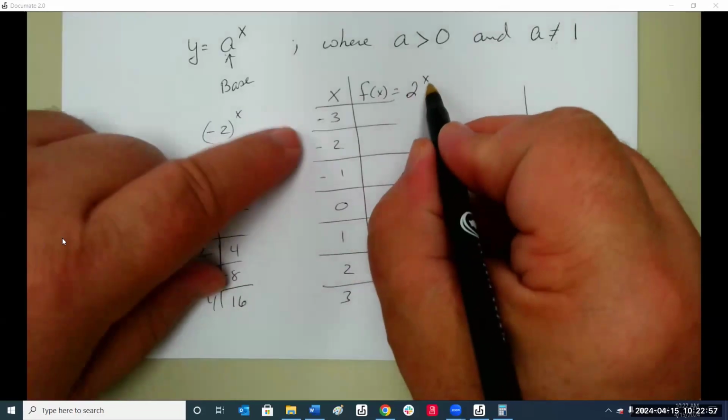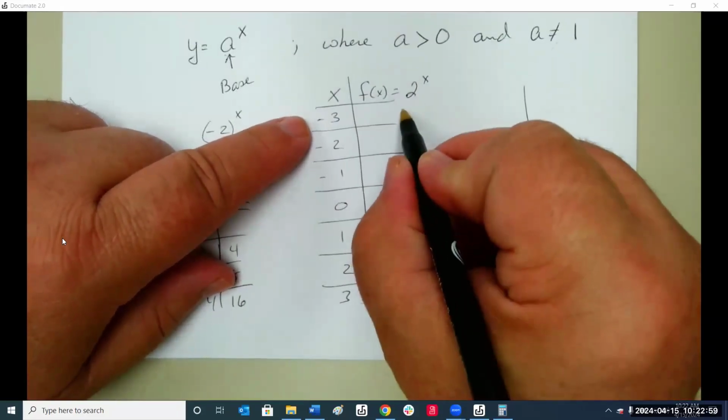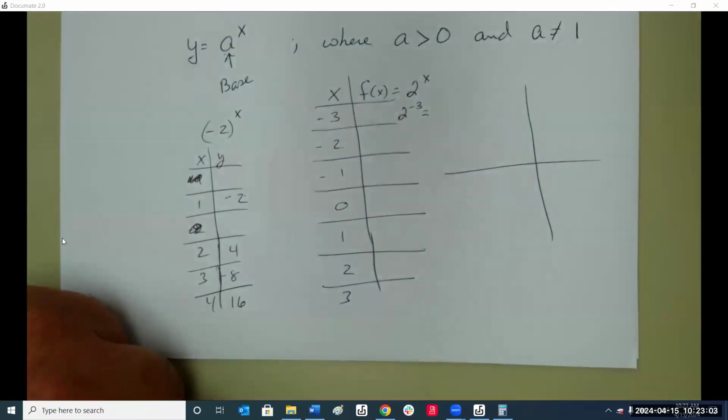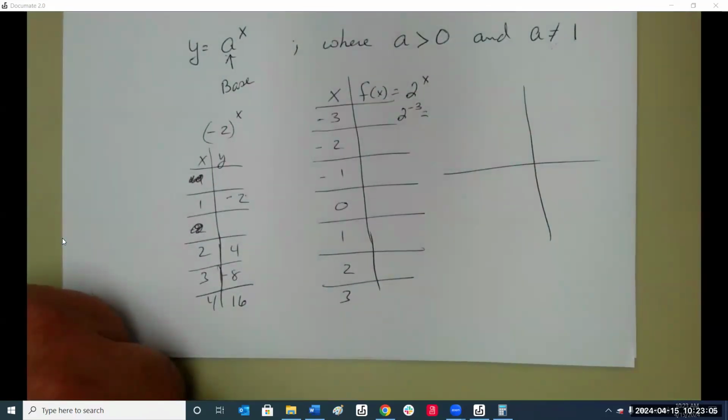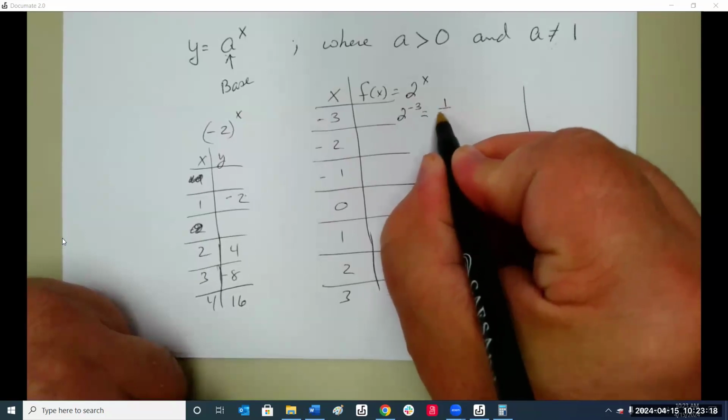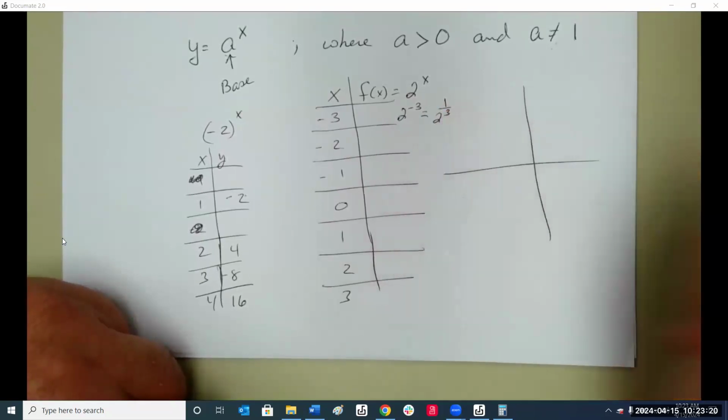So when x is -3, what happens to that equation? Think of our rules of exponents. If you have a negative exponent, drop the negative and change the location.